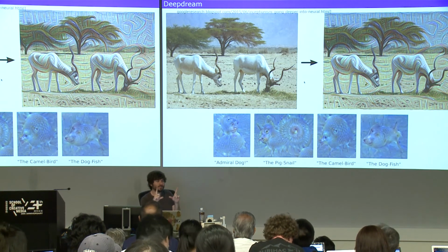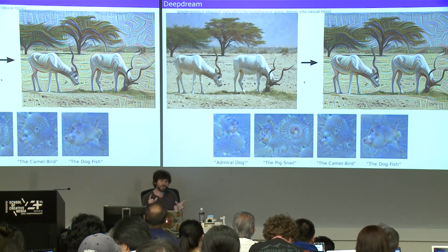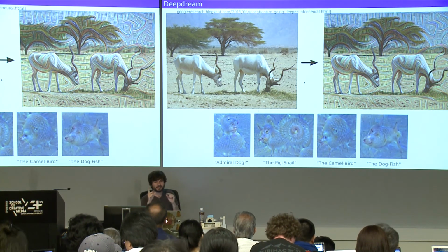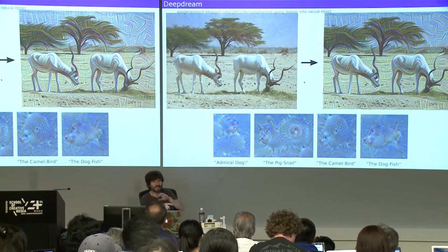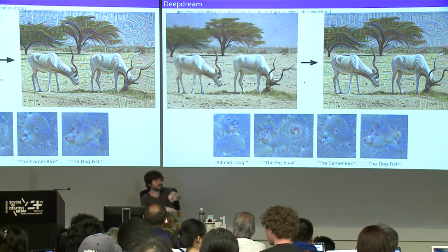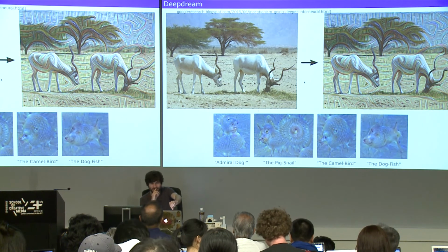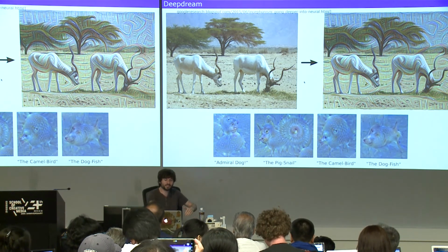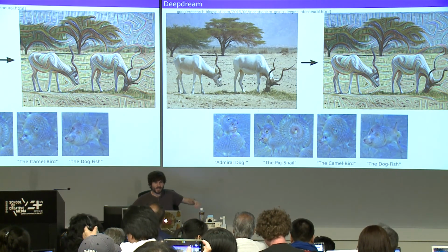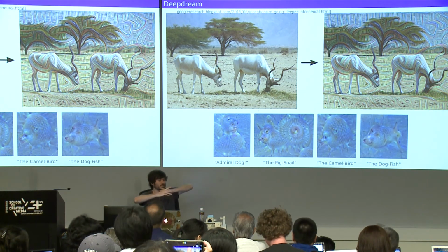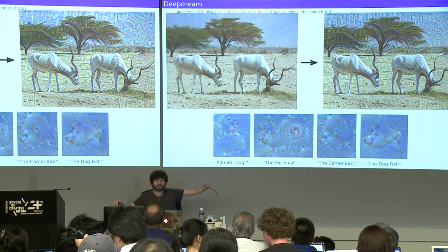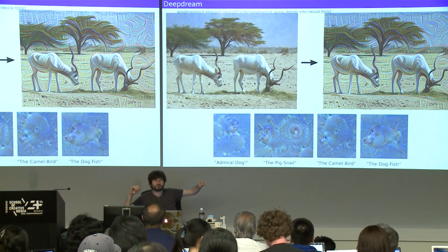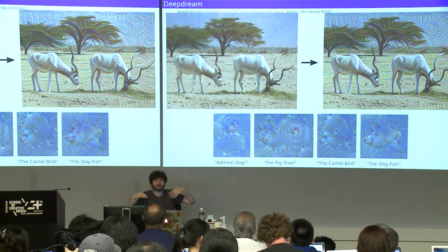So that's this process. Deep Dream is almost the exact same thing, except it doesn't start with a random image. It starts with any image that you give it, and instead of you choosing a neuron to target, it takes the image, finds the network's output, the activations, and then changes the pixels to make all of the activations higher.